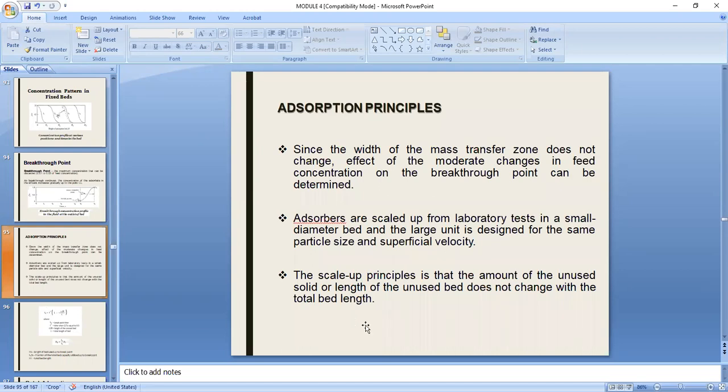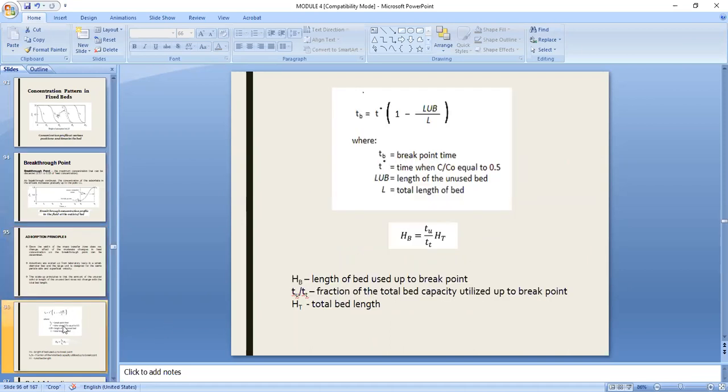So it's still done as a trial in the lab, and then scaled up in the industry. The formula that you can use here is this one, for determining the breakpoint time.